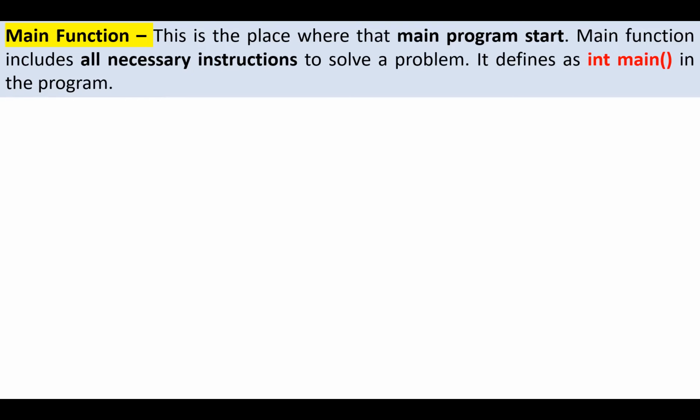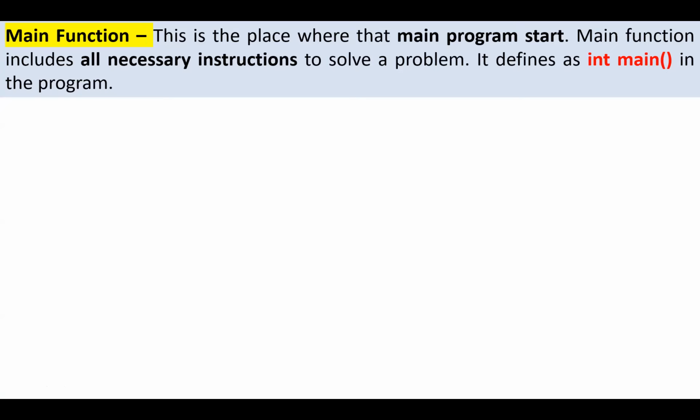Then at the end of this statement, look at the red color statement there, int main. At the end, there is a rounded bracket, open and close. You must give this rounded bracket also. That's the step to start your main function.